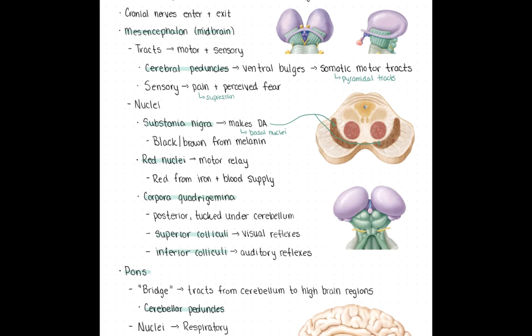The substantia nigra has a brownish, almost black color when you look at a cross section, because it contains a lot of melanin. And that's because melanin is actually a precursor for dopamine. So melanin present there gives it its color.